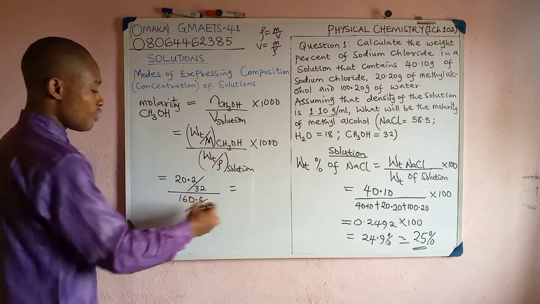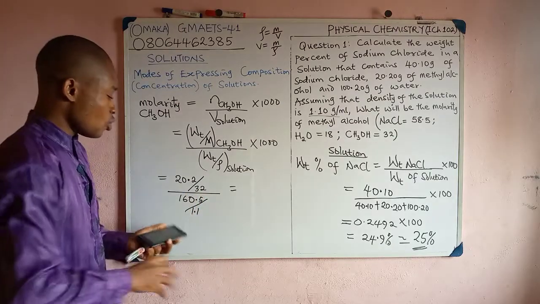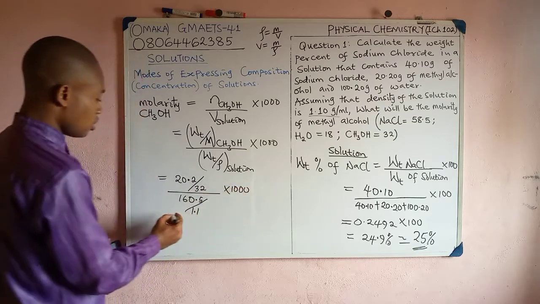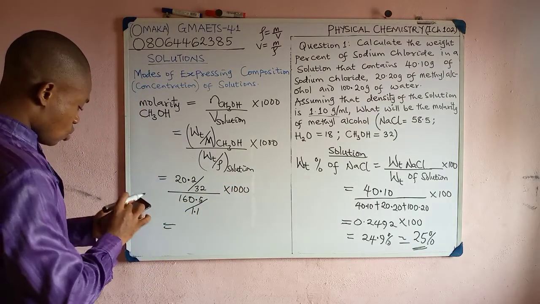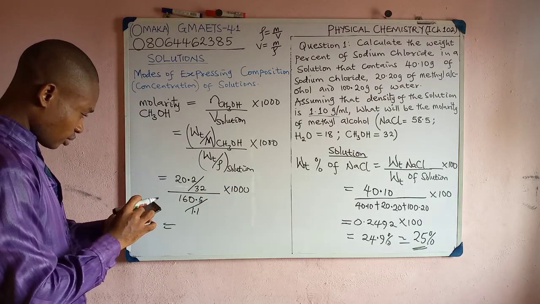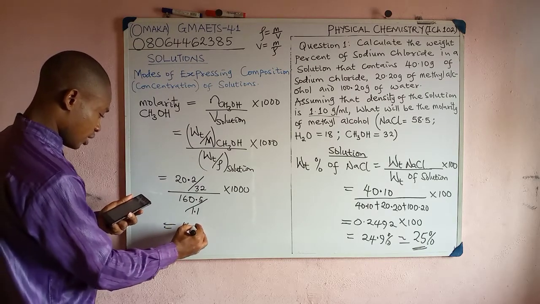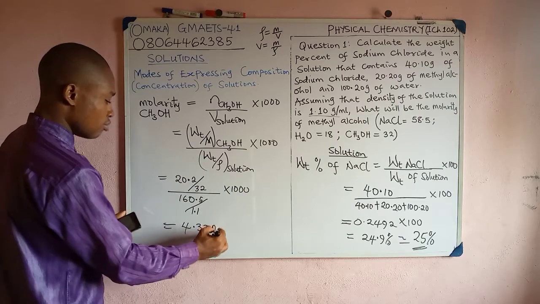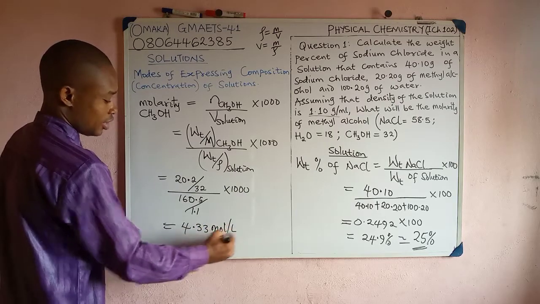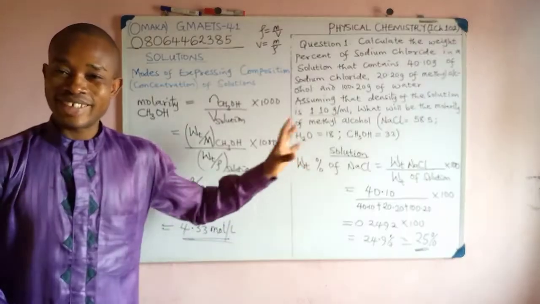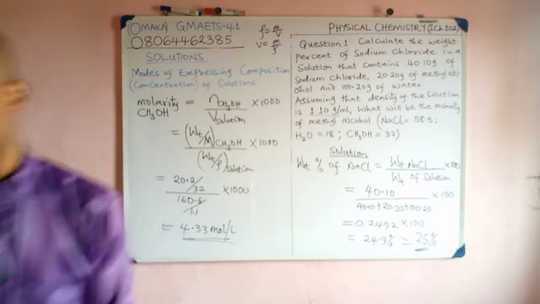And if you work this out, multiplying by 1000, you will see that the molarity will give us, from here, 4.33 moles per liter. So this is the molarity of methyl alcohol in this problem.